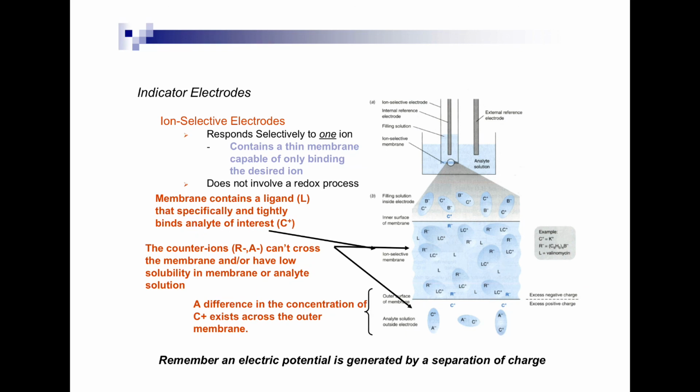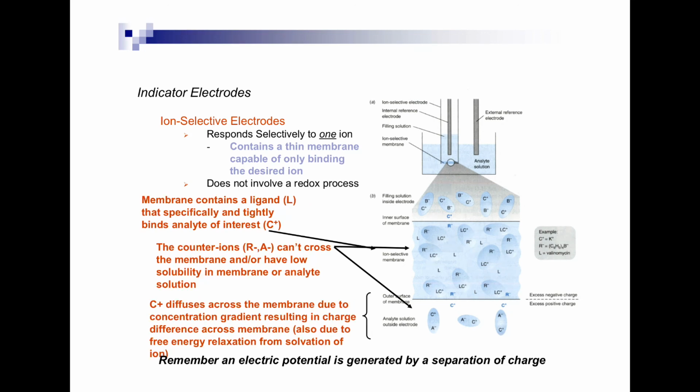Now, the reason that we get an electric potential at all is because there's a difference in the concentration between the cations on one side of the membrane and the other side of the membrane. And this happens because the cations are attracted to that ion selective membrane. Now, the reason why the cations diffuse across the membrane is because there are more cations out here and less across here.